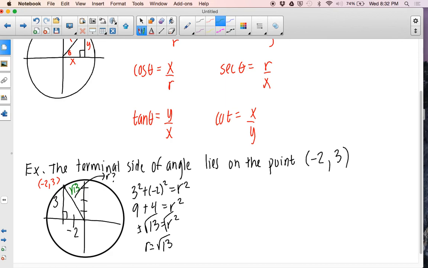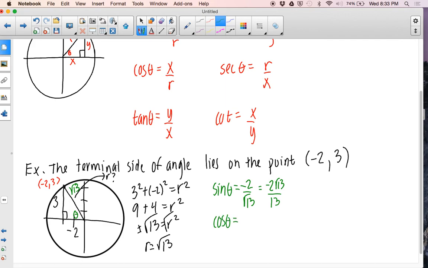Now I'm just going to figure out all my functions. This reference angle represents your theta here. Sine theta is the y value over the radius, which is 3 over square root 13.